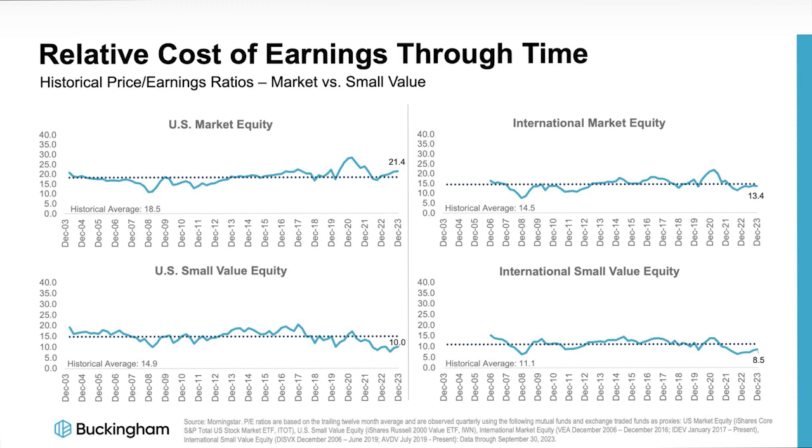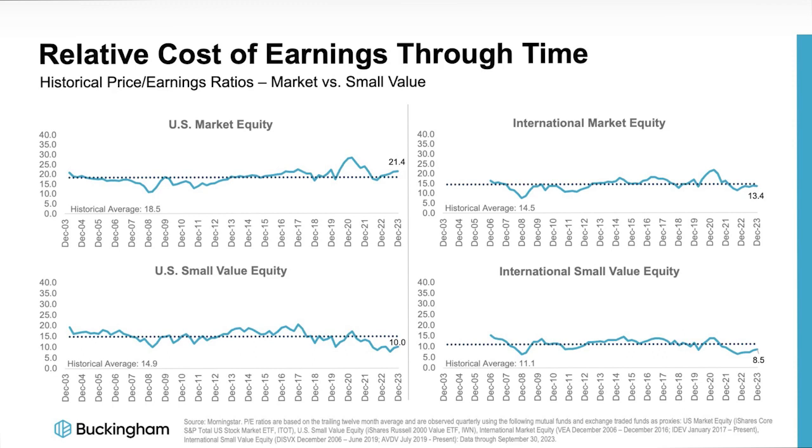All things being equal, we'd like to pay less for a dollar of earnings. These valuation ratios aid in setting expectations about the future. Low valuations today imply higher future returns and vice versa. The recent strength in broader U.S. market performance means that it's reasonable to expect lower returns than in the past when valuations were below their long-term historical averages.